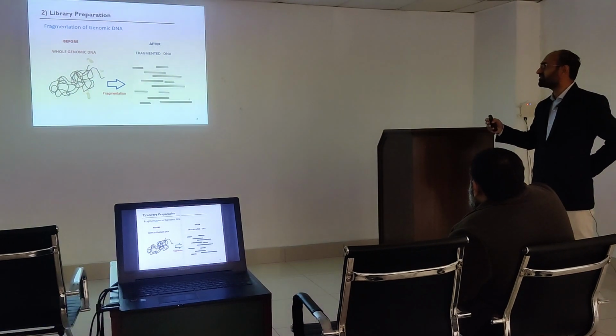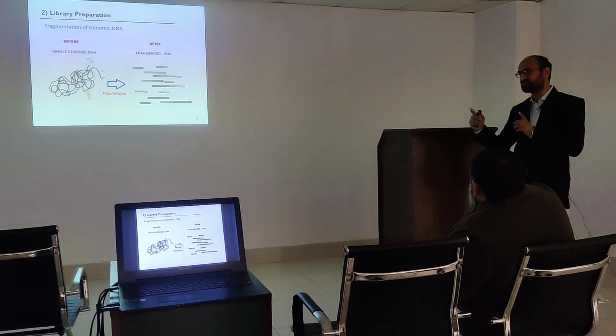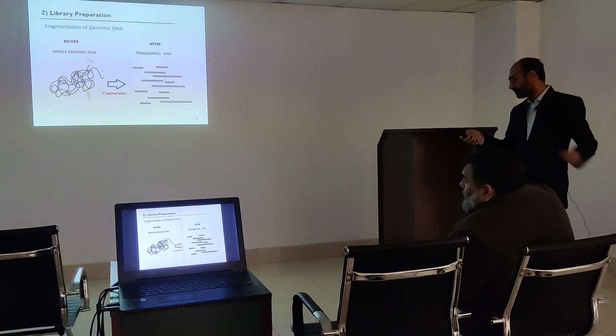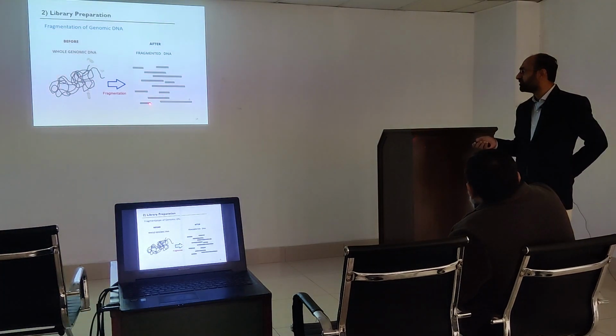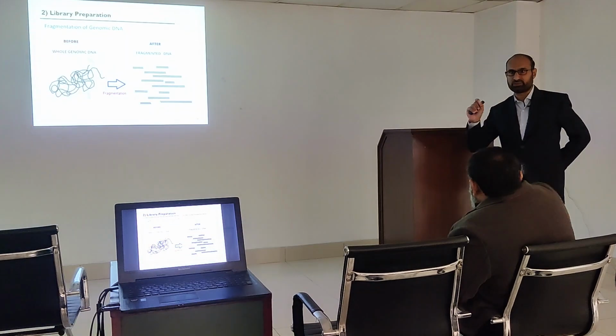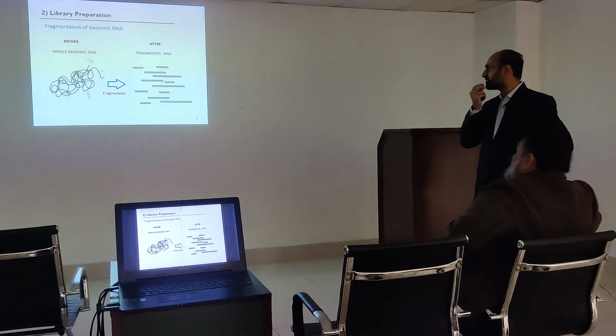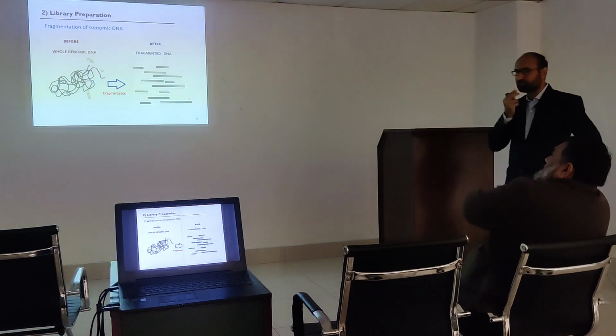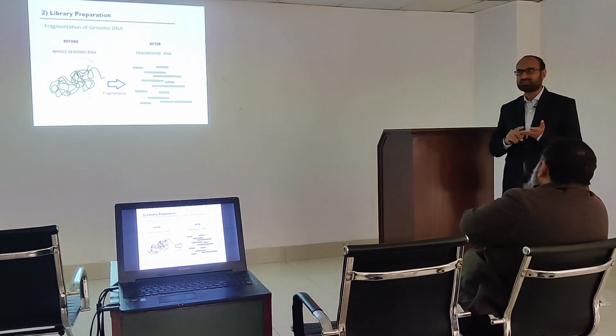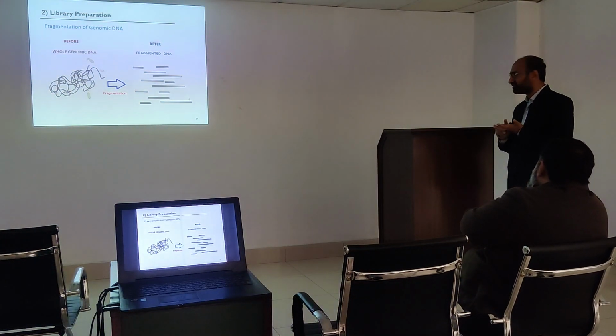The second thing is that the sequence of each fragment is different from the others because these fragments represent the whole genomic DNA, not a single targeted region. So how is this accomplished? There are different ways. One is mechanical and the other is enzymatic.